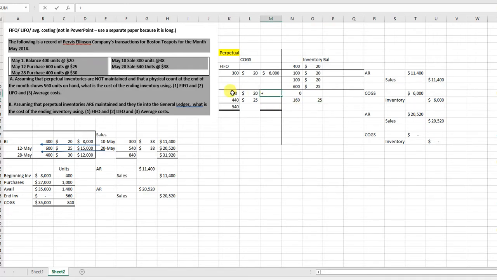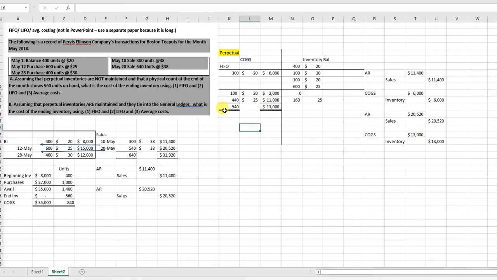So my cost of goods sold is 100 times 20 is 2,000, and 440 at 25 is 11,000. So that's 13,000. So this time I have a sale, I have two entries: accounts receivable, sales. The 20,520 is the selling price, and the cost of the inventory that I sold is the 13,000.